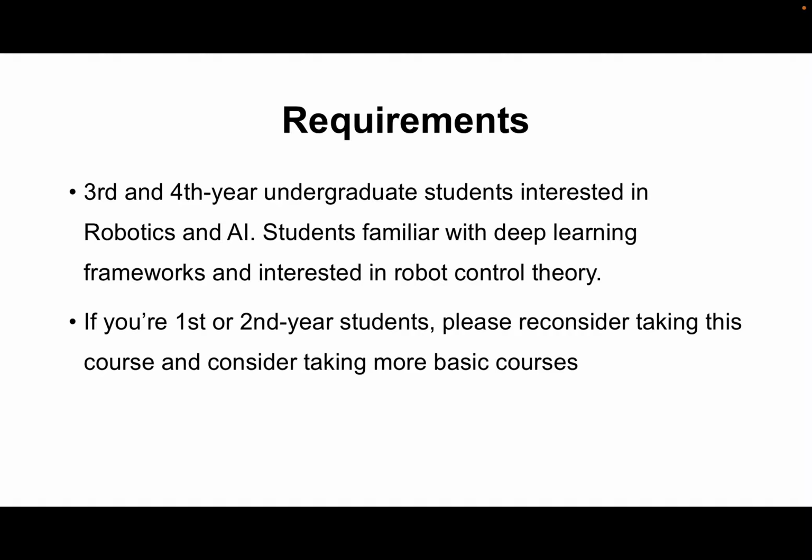But if you are 1st or 2nd year students, please reconsider taking this course and consider taking more basic courses instead. I strongly recommend withdrawing from this course and just taking basic courses. Anybody first or second year students? Okay, good luck to you.